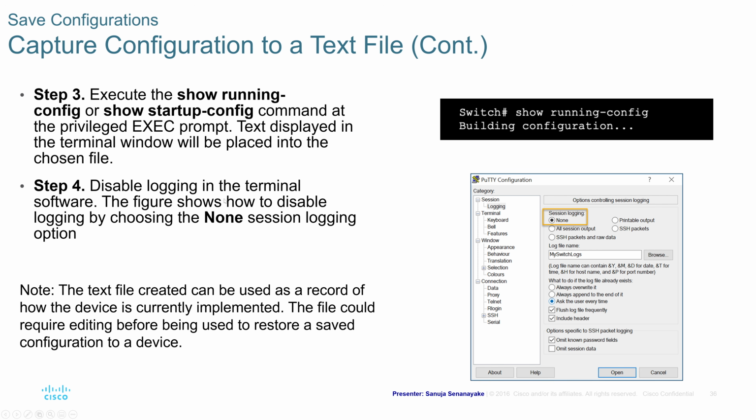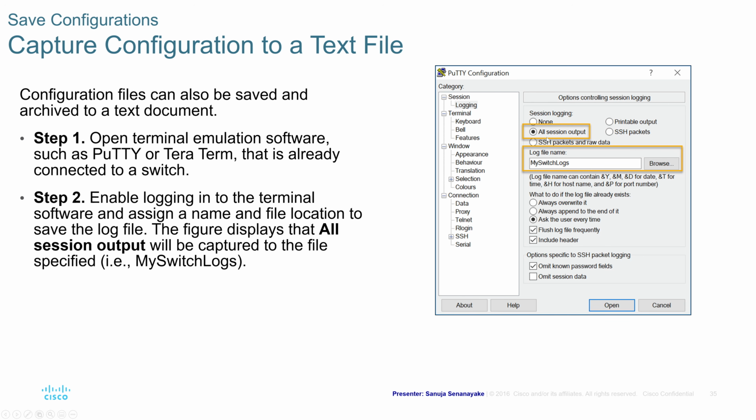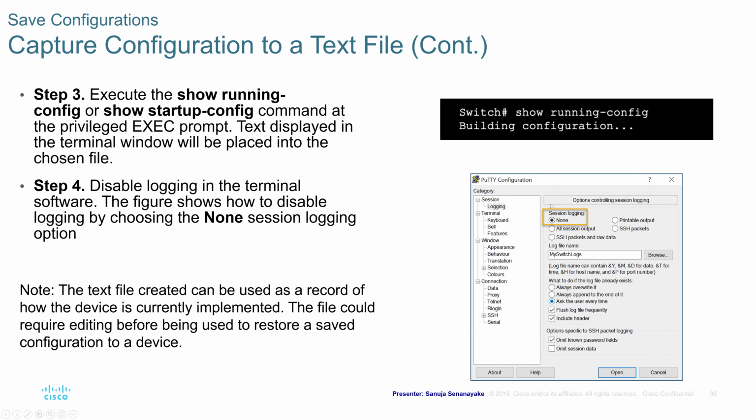To disable logging in the terminal software, on the right hand side you change this option, session logging, to none. If you go back, we had the session logging as all session output, and we're going to say none to stop it from saving those text files.